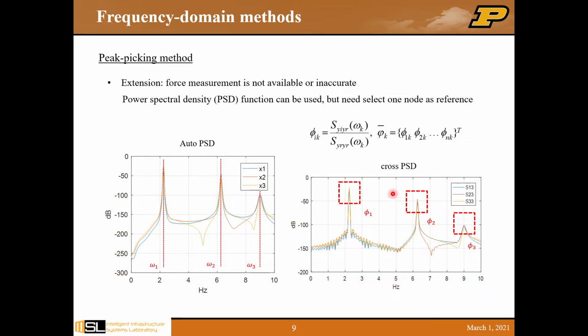And we can also use cross power spectral density to approximately extract the mode shape, right? But in that case, we need to select one measurement as a reference. Okay. So here, for example, we can use the third floor measurement as a reference, and then obtain the mode shape as the ratio of the cross spectral density with respect to the third floor divided by the auto power spectral density of the third floor measurement. Okay. So here we can obtain the phi 1, phi 2, and phi 3 corresponding to the mode shape.